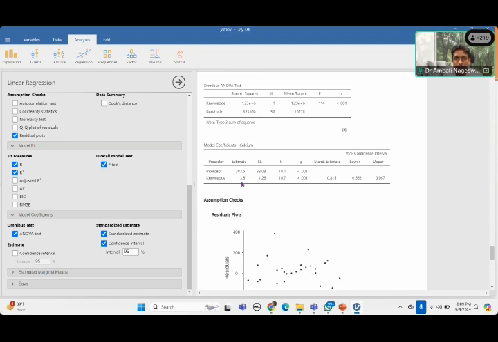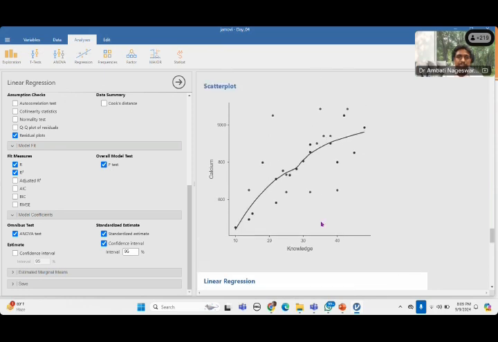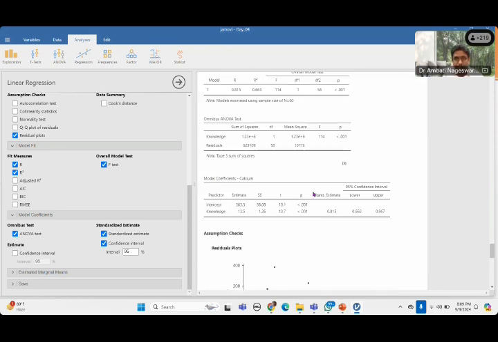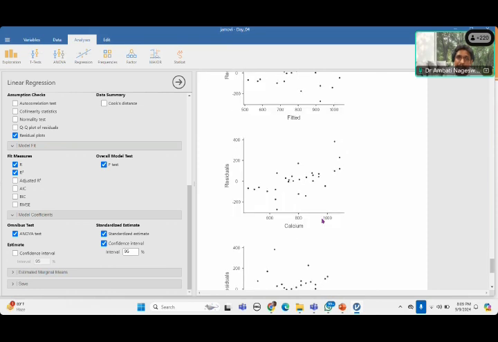Now, with the help of the data set, we are able to predict it. If 1 unit of change in knowledge test score leads to 13.5 milligrams, calcium intake is going to increase by 13.5 milligrams. Okay. So this is all about the regression test. I don't think this is the simplest way I could explain it. Now coming to the residuals.